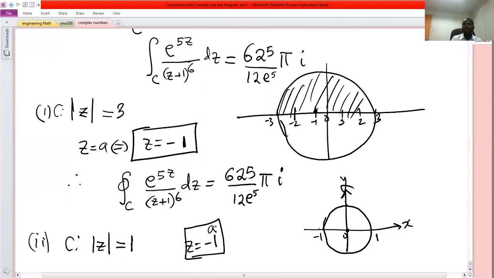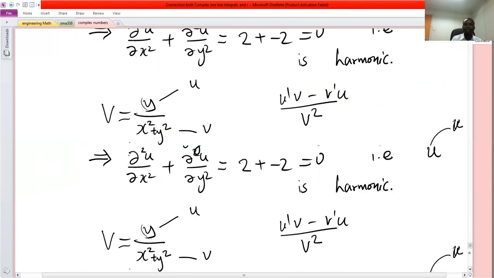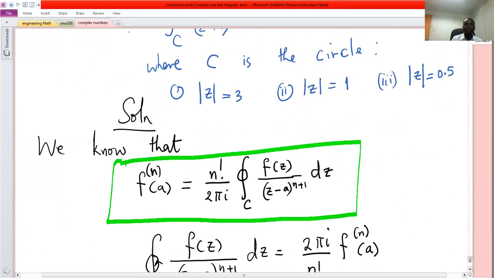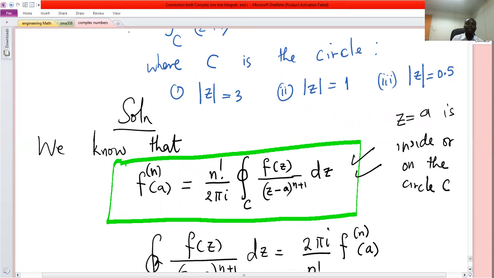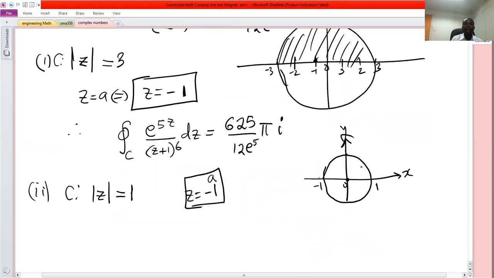Remember, this Cauchy formula for integration is always true if the point z equals a is inside or on the circle C or the curve C. Now, because our point is z equals -1, and if you draw a circle of radius 1, that point is on that circle, then therefore the formula holds the way it is.